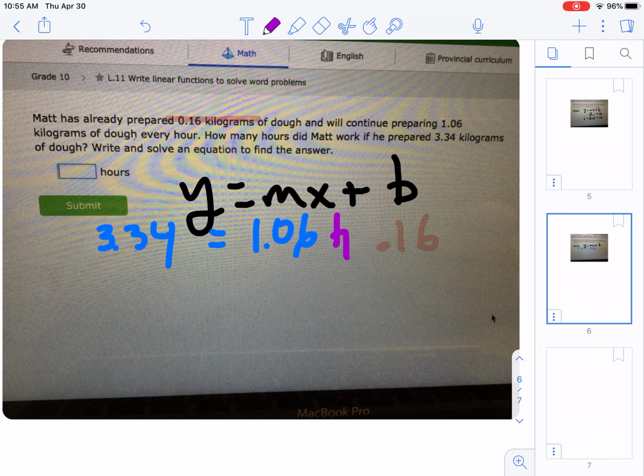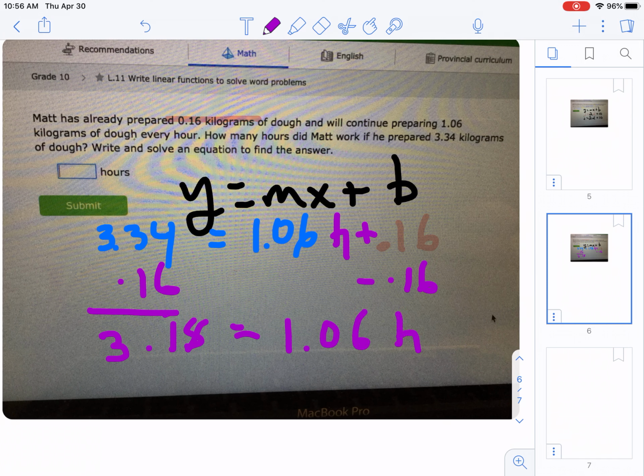Okay, so we have to solve this equation. First of all, we'll take away 0.16 from each side. So 3.18 equals 1.06h.